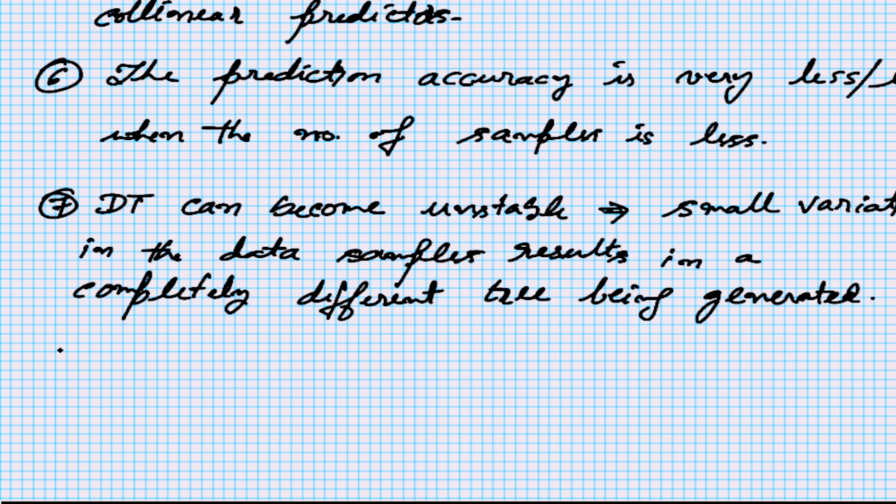Now one more point I would like to add here. Let us say we have a data set with balanced data. If you remember, balanced data is a particular data which may have any number of classes, and for each class the number of data samples remains the same.